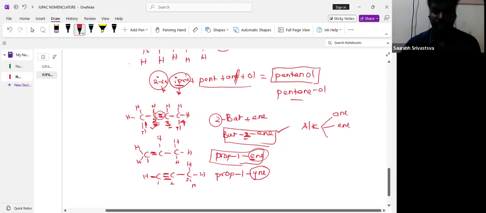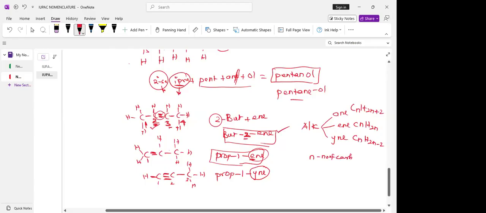YNE, alkyne. If it is alkane, the general formula is CnH2n plus 2. If this is alkene, the general formula is CnH2n. This general formula is CnH2n minus 2. The n is nothing but the number of carbons.